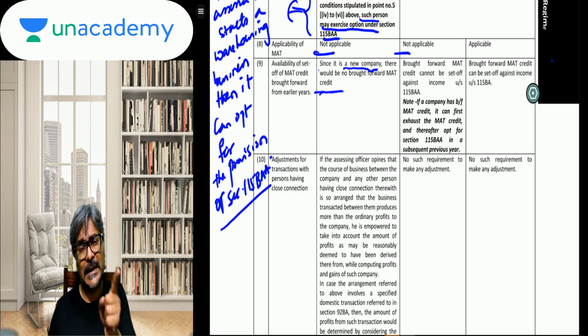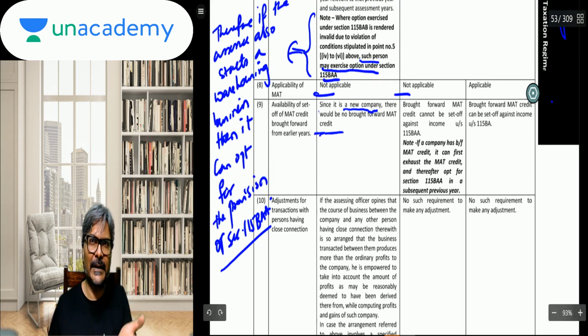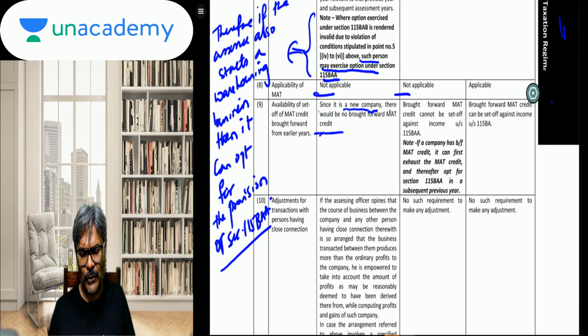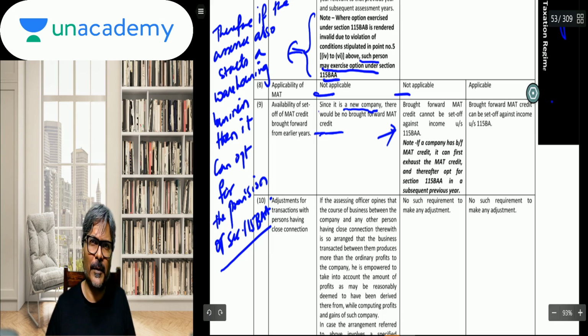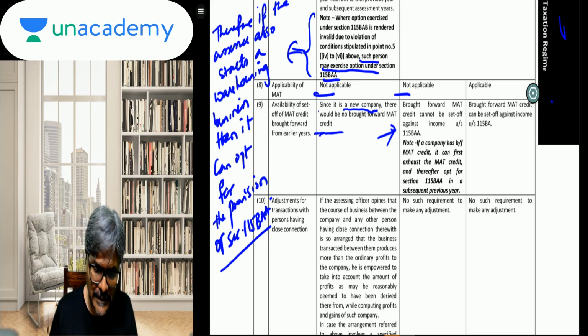Whichever option they take will stay with them throughout. But they can definitely later on go to 115BAA. That is a possibility. But for 115BAB, you need to opt in the very first return filing year itself.